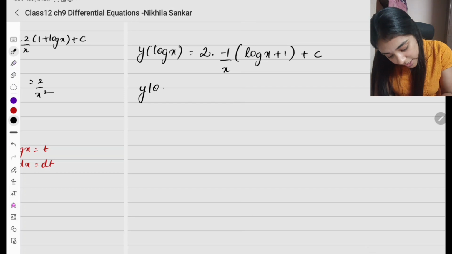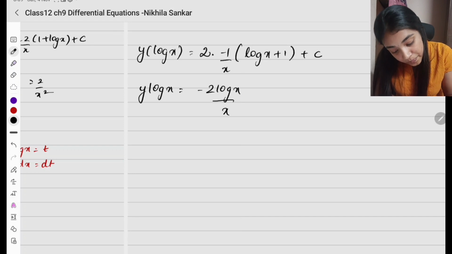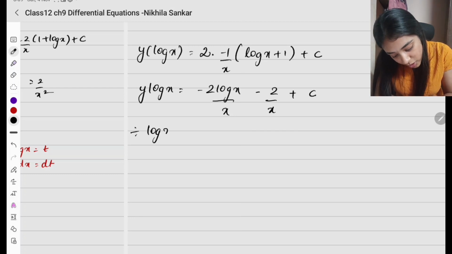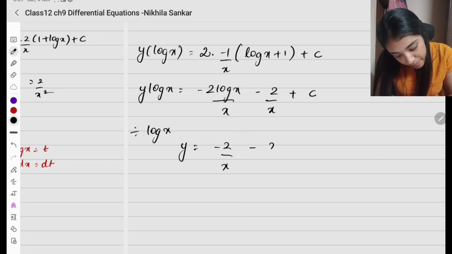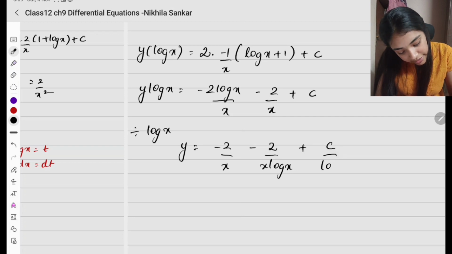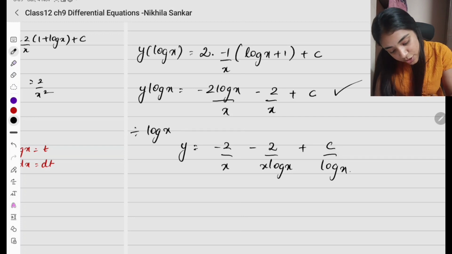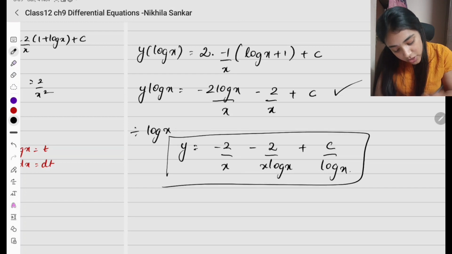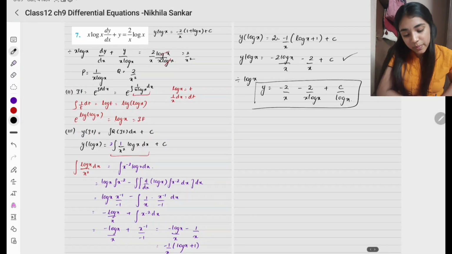Okay, now y log x equals minus 2 log x divided by x minus 2 divided by x plus c. So dividing the whole equation by log x, what do I have? Y equals minus 2 divided by x minus 2 divided by x log x plus c divided by log x. In the solution, you can leave it like this, or you can also write it like this. Okay, please copy.